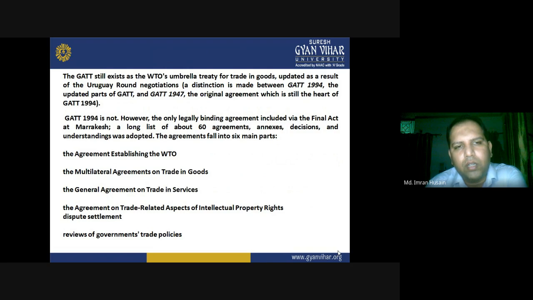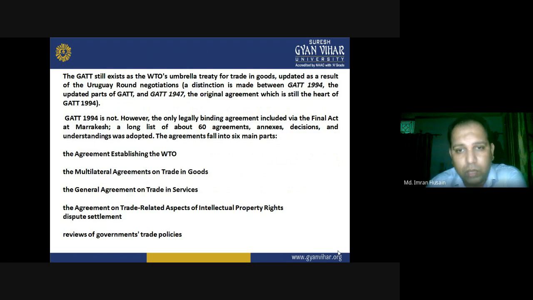GATT 1994 is not, however, the only legally binding agreement included via the final act at Marrakesh. A long list of about 60 agreements, annexes, decisions, and understandings was adopted. The agreement falls into six main parts.